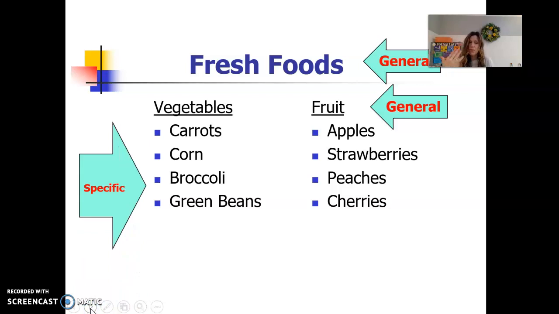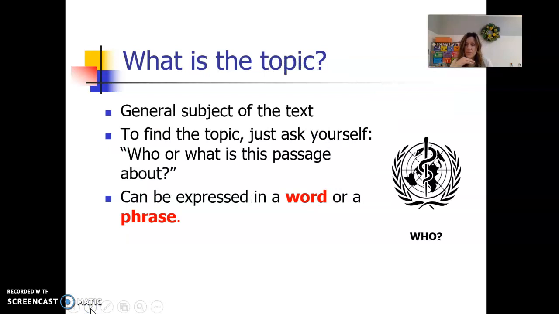Now, once we start to break those down and give specific fruits and specific vegetables, those are specific terms, okay? So just remember, general is going to be more like your central idea. It's going to be more general, broad. And specific is going to be more like your supporting details. They're going to be more specific.